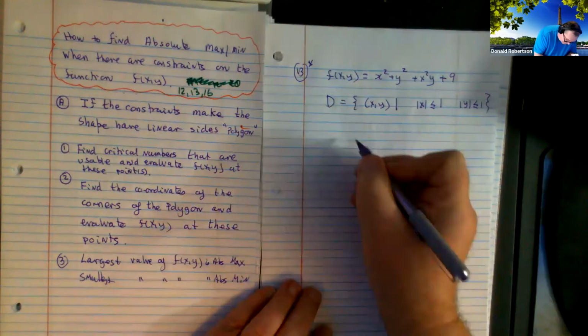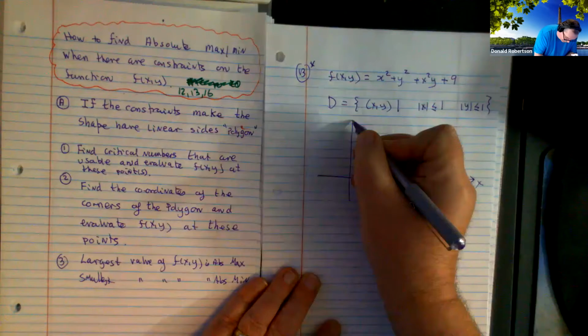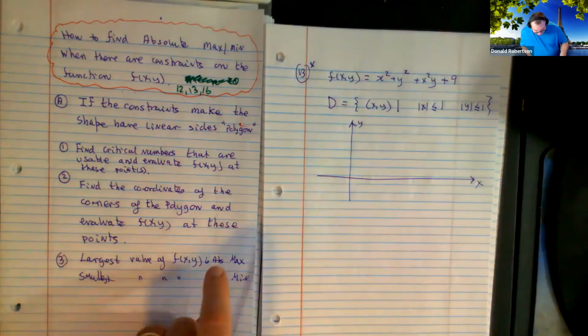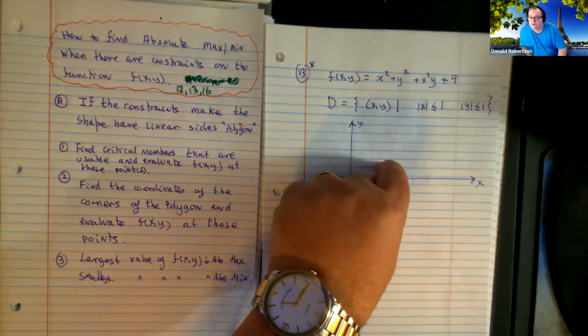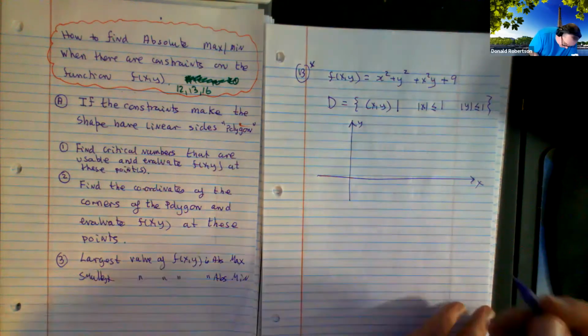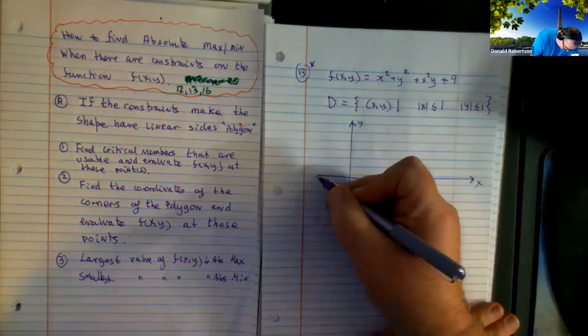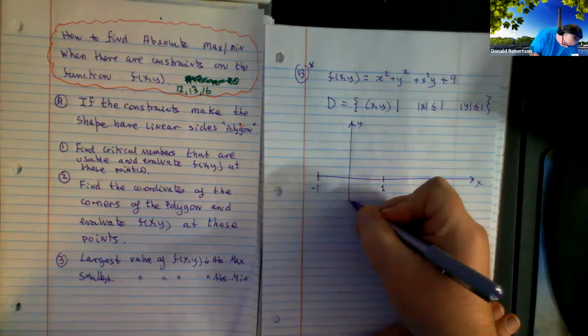Okay, so again, I draw this. It's helpful if I draw a picture, because when I get a critical number, isn't it easier to go to the picture and say, yeah, it's inside or no, it's not, than to try and find out if a particular critical number is or isn't in it. Now, if you choose a value of x where the absolute value is less than or equal to 1, you get those guys.